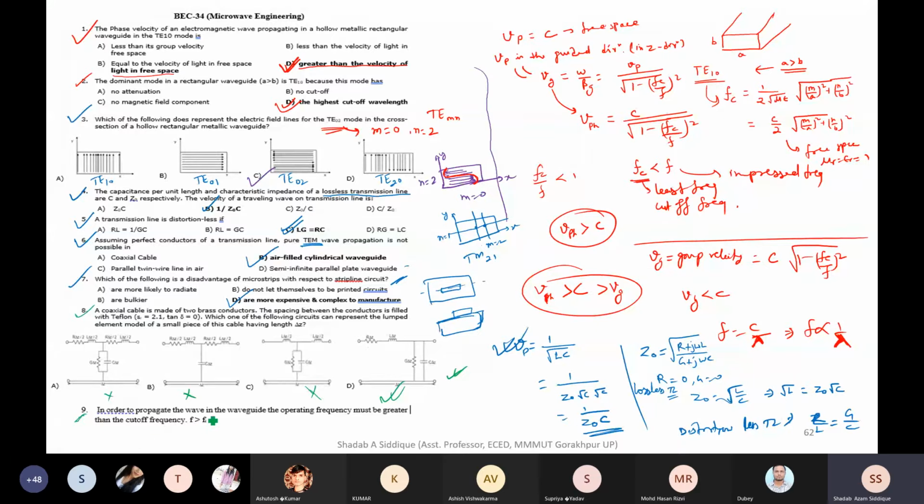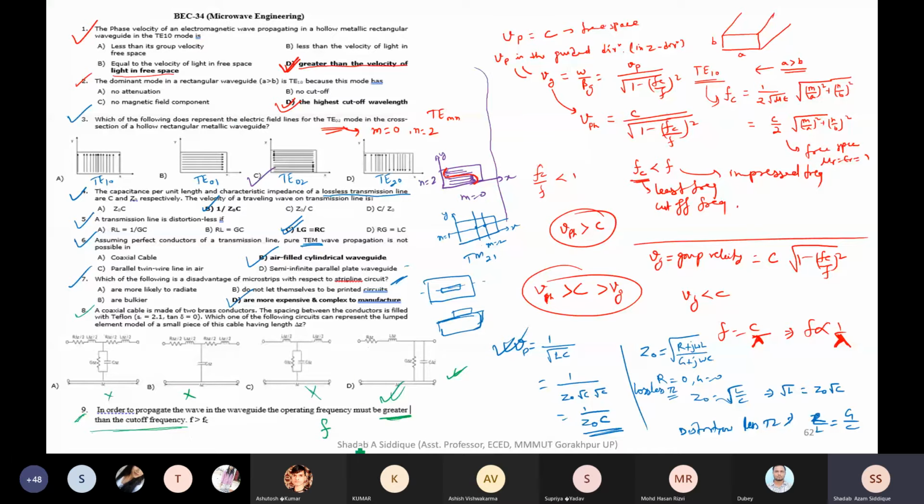In order to propagate the wave in the waveguide, the operating frequency, the impressed frequency, must be, and I will give you the options, greater than, less than, which I have solved here.